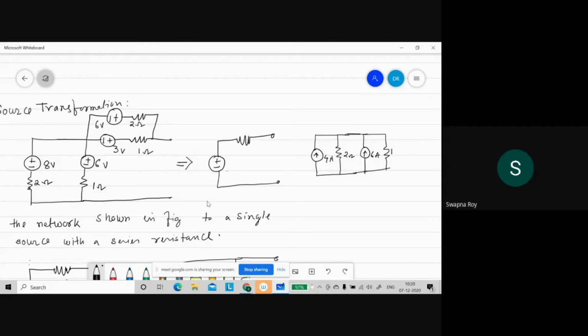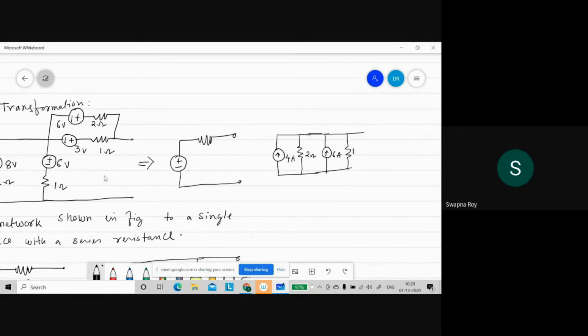Now we can see at the top, there is 3 volt 1 ohm in series. And this is 6 volt 2 ohms. Again, I am converting it to an equivalent current source. So it will be 3 ampere, and 1 ohm will be parallel to it.